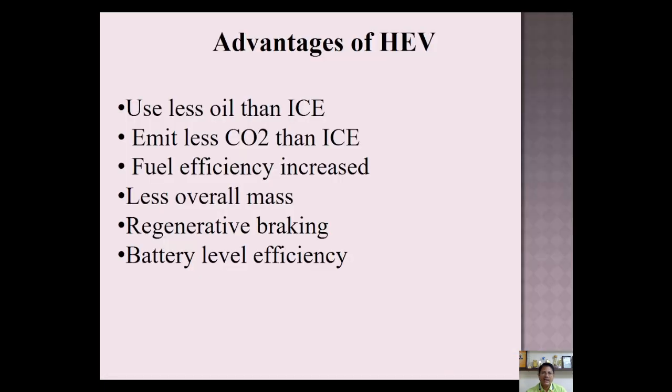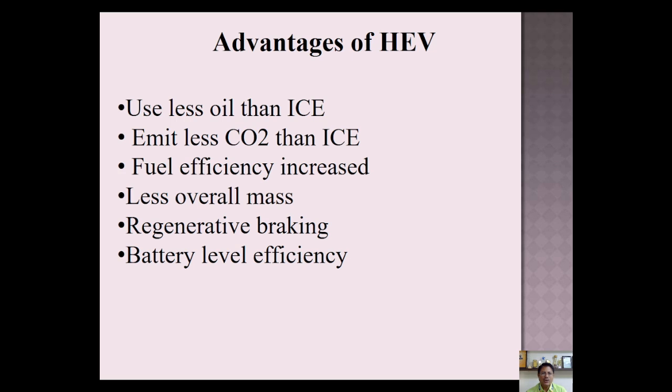Now we will see the advantages of the hybrid electric vehicle. Less fuel is consumed because the electric motor is powered, so less energy is used. When the IC engine is used at an optimized speed, the carbon dioxide emission will be less. When the regenerative braking system is used, the fuel efficiency is increased.